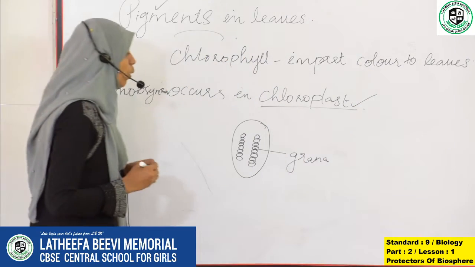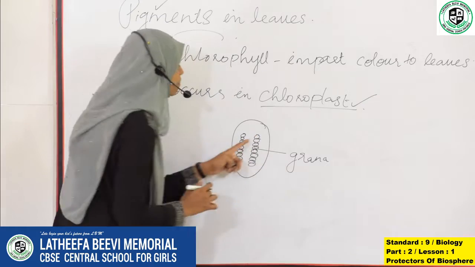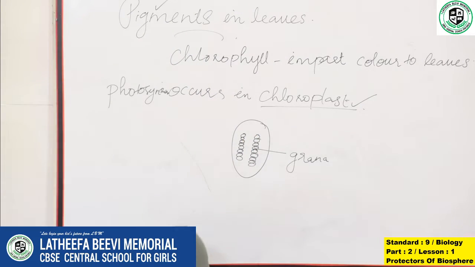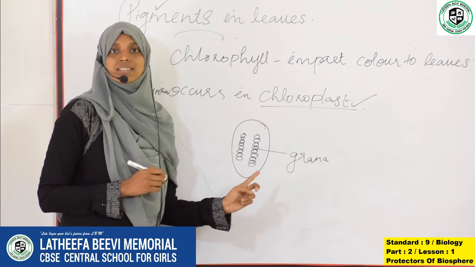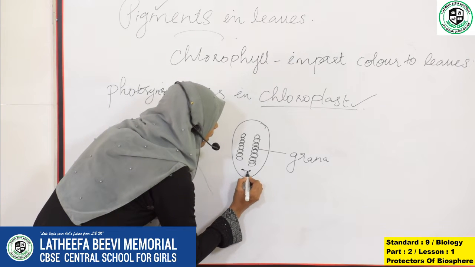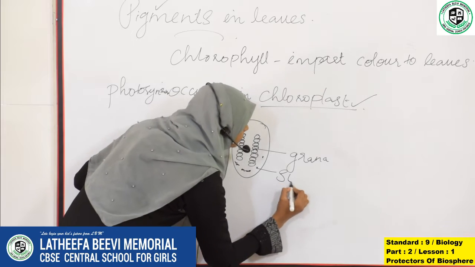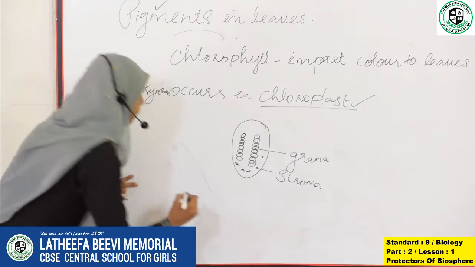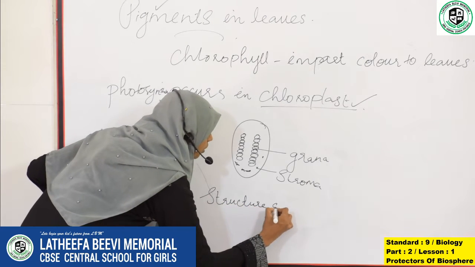Okay. So, this is the structure of the chloroplast. Inside the chloroplast, there are brick-like structures called grana. And here, there are some fluid parts called stroma.